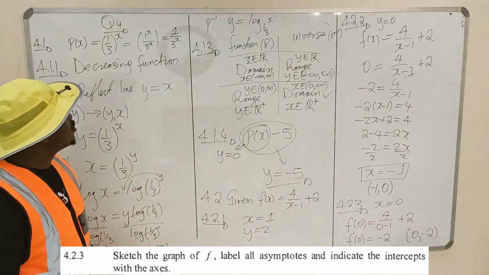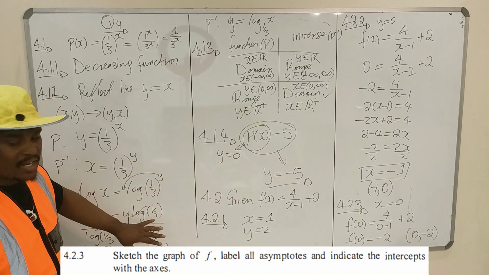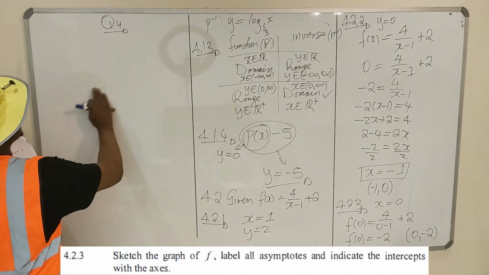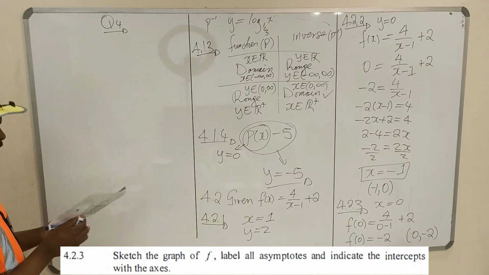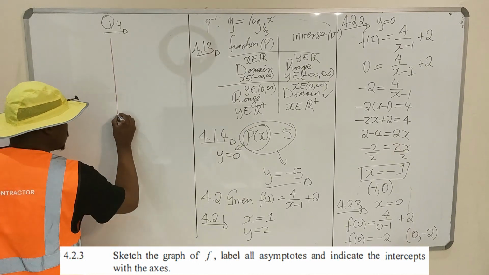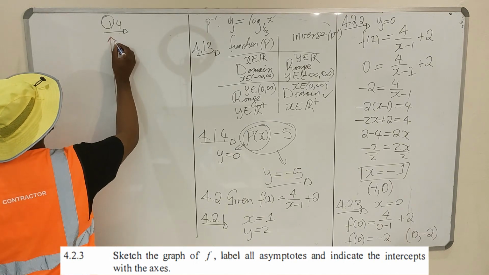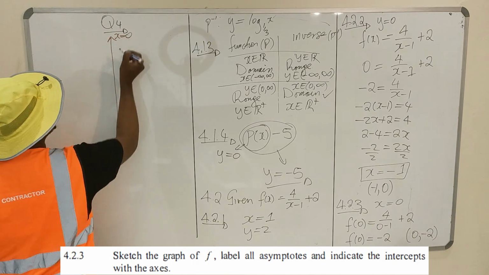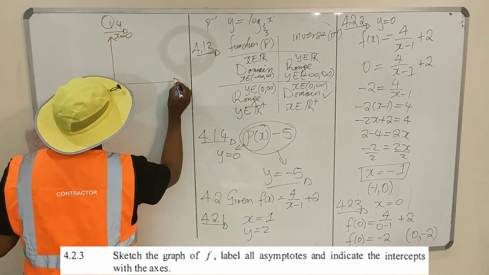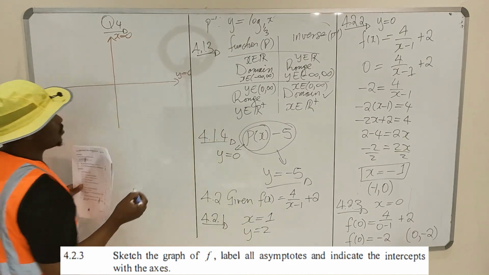I'll need more space. I'll clean all of 4.1, then what's left is 4.2. They want us to sketch the graph. So this is the line x equal to 0, and this is the line y equal to 0.